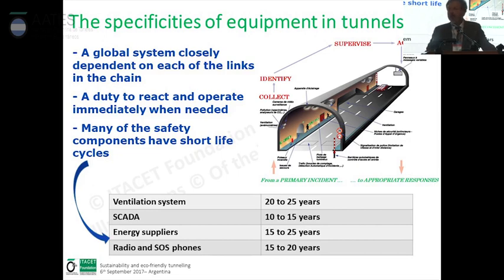This could be done quite automatically now, but there is somebody, of course, to operate and to validate what happens. But the main aspects have already been identified by the system. The objective is to react very, very quickly. Clearly, if there is a fire, I want the ventilation system to react very early.